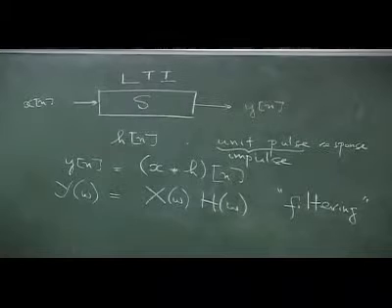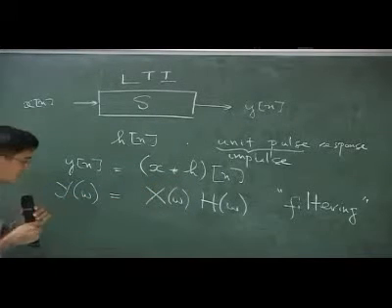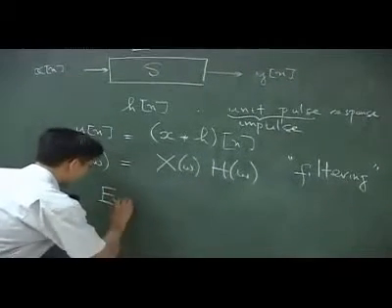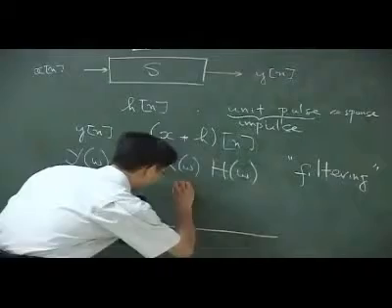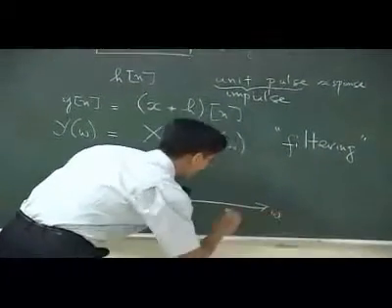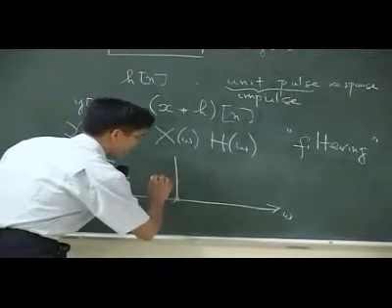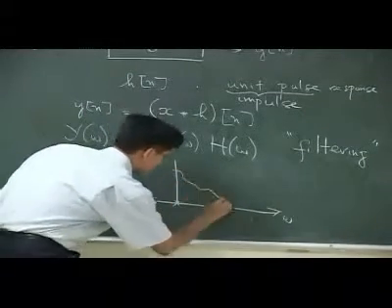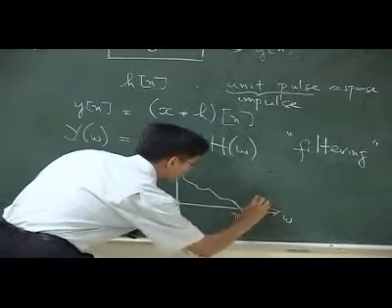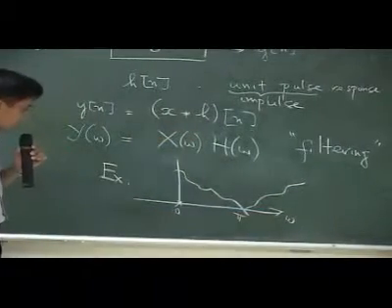A filtering in the sense that the signal here has a certain frequency content. So as an example, I can have the plot of omega here, and the signal spans 0 to pi, and it will come out here, and then periodic extensions.